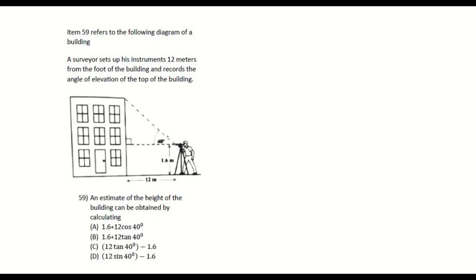And we know this is the opposite. And what is my opposite? Okay, first off, let's do this question. We know that the length of the building will be my opposite plus the 1.6. Why is it the opposite? Because we're looking at 40 degrees.